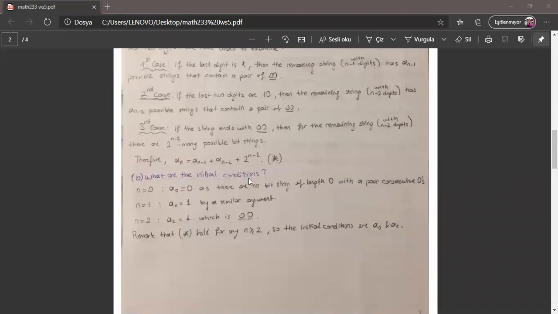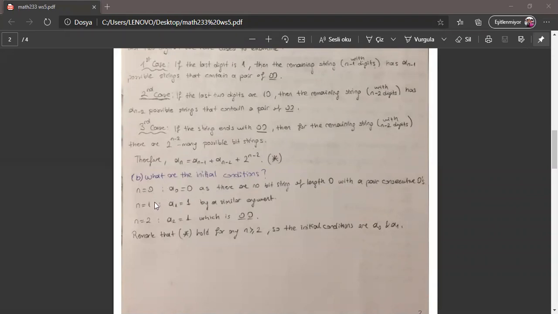Now, what are the initial conditions? By initial conditions, we mean the natural numbers that you cannot put in the equality. When n equals 0, that doesn't hold in the equality, and a 0 should be 0 because there is no bit string of length 0 with 2 consecutive zeros.